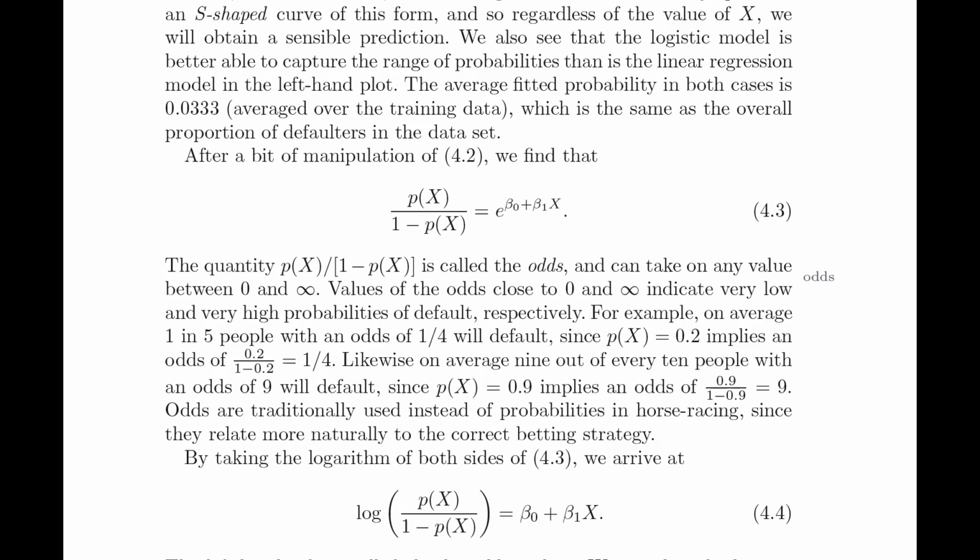Values of the odds close to 0 and infinity indicate very low and very high probabilities of default, respectively. For example, on average, 1 in 5 people will default. Since p of x is 0.2, this implies odds of 1/4. The odds are not a fraction.